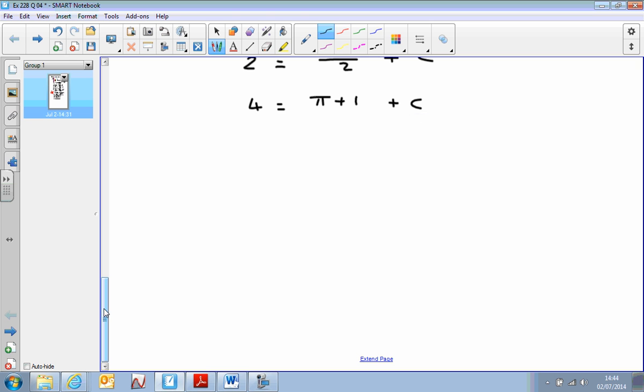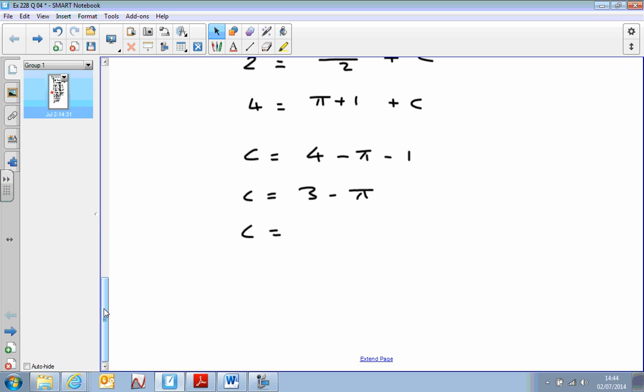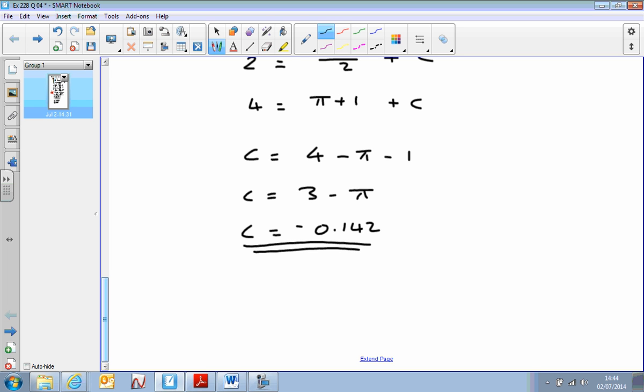So, to get c, I'm going to subtract pi and subtract 1, so it'll be 4 minus pi minus 1. 4 minus 1 is 3. So now I can work out what c is. C equals 3 minus pi, whatever that is. Pi is about 3.142, isn't it? So it'll be about negative 0.142. So that's my value for c.